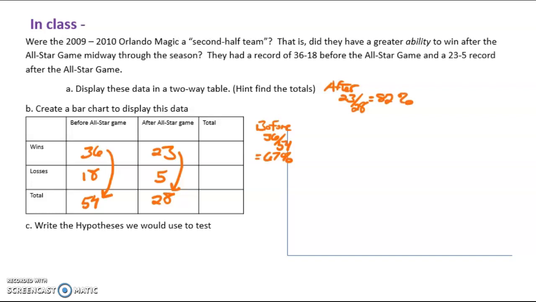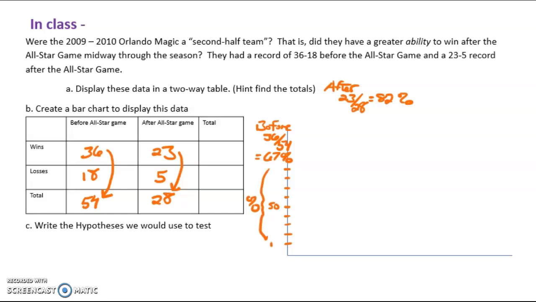So going back over here, I'm going to have to shrink this down because I didn't give myself very much room. So we'll put 50, 60, 70, 80, 90. So 50's right here, 40, 30, 20, 10. And definitely this is percent going out this way.